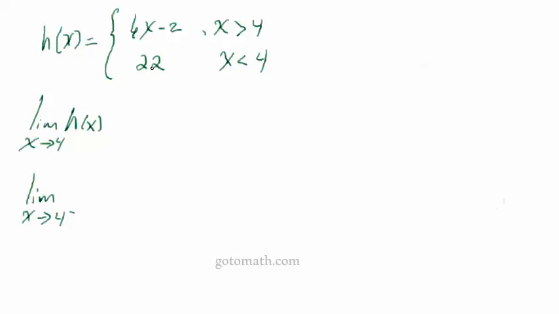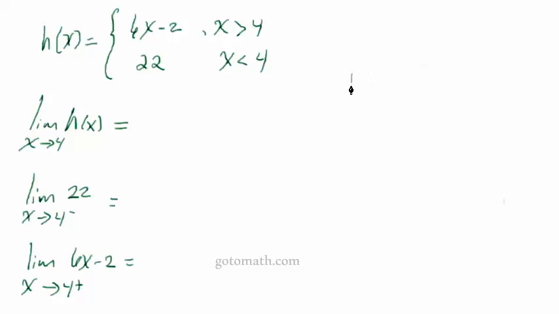We'll have to use this one here because this says x is less than 4, all values less than 4, and then we want to find the limit as x approaches 4 from the right hand side, so we'll be using this top one because this says x is greater than 4, and then we'll compare values. Okay, simple as that.